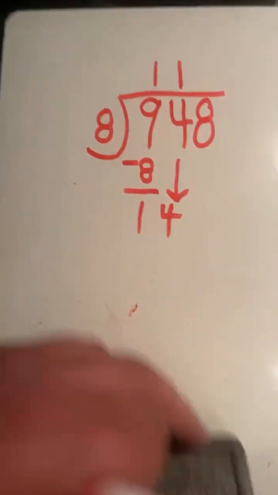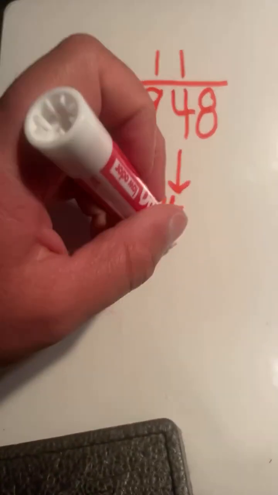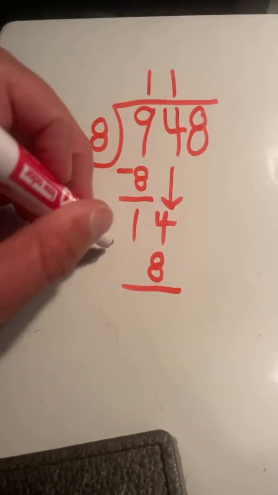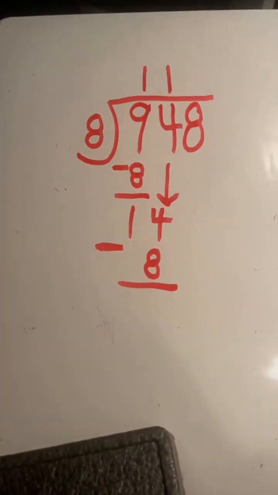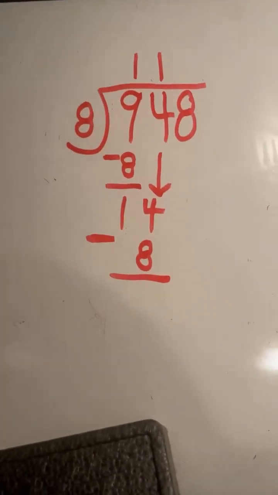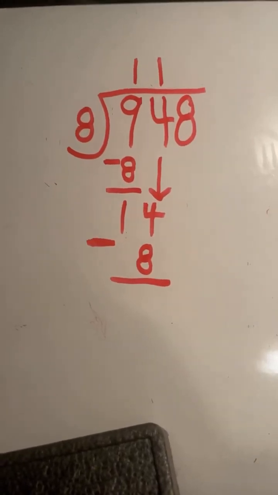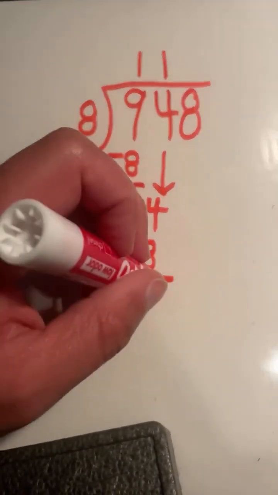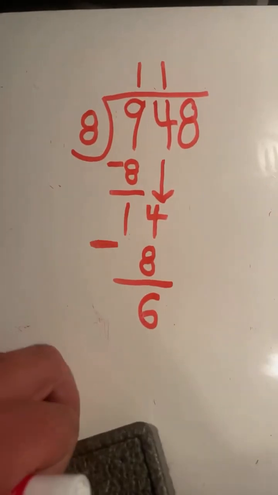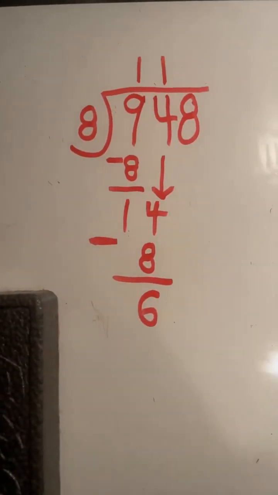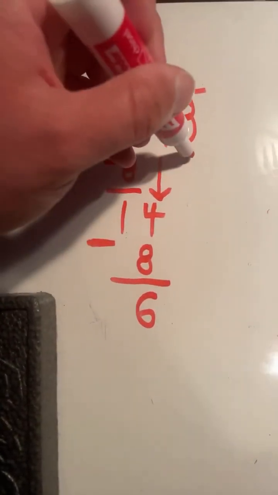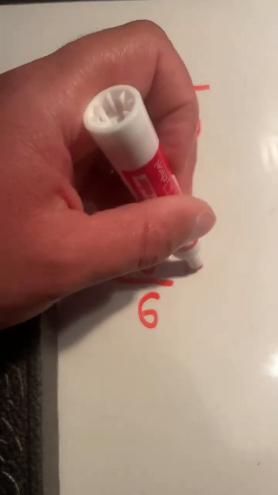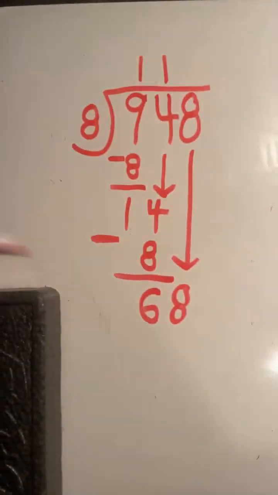So we're going to do 14 minus 8 and see what our remainder is. 14 minus 8 equals 6. Now we're going to bring down the 8.